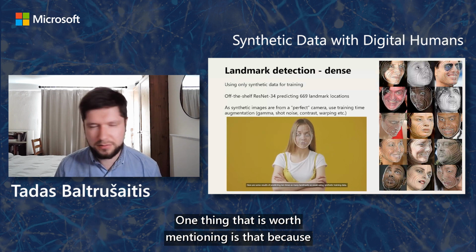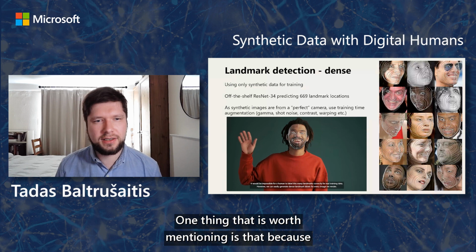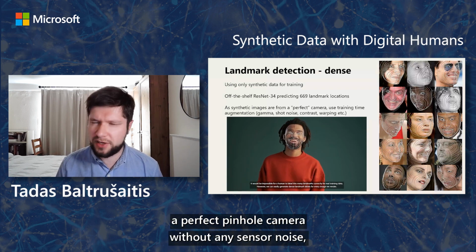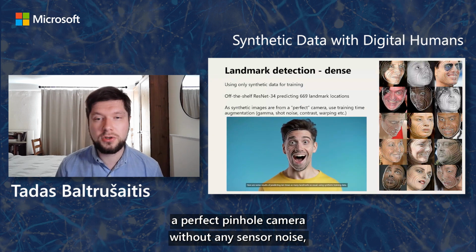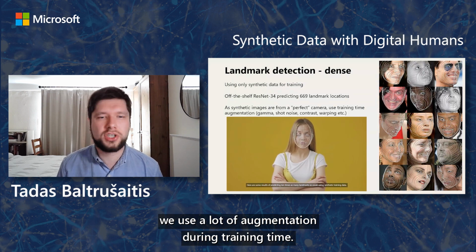One thing that is worth mentioning is that because our render process generates images from a perfect pinhole camera without any sensor noise, we use a lot of augmentation during training time.